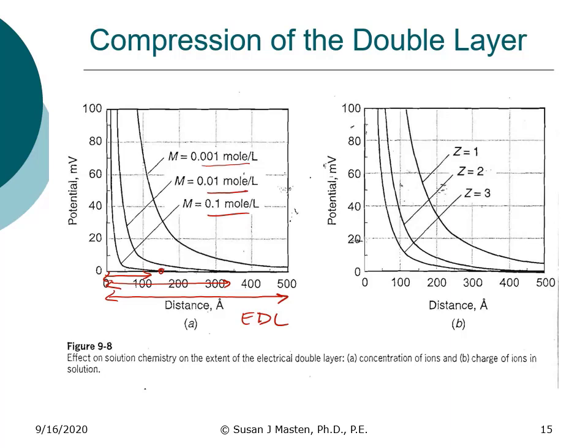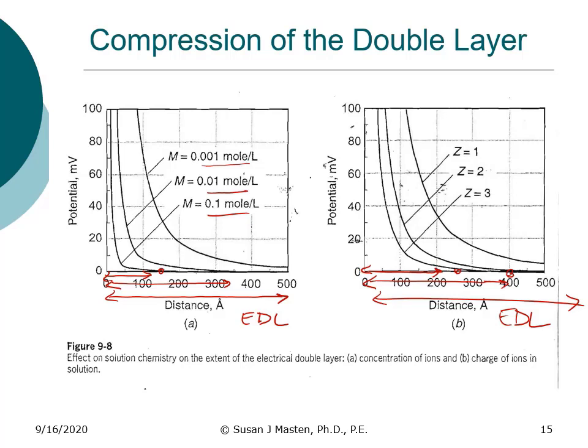And here we look at charge. So you can see if the charge is 1, the thickness of our electric double layer is quite thick. If we increase the charge to 2, so this is the charge of our counterion, then that decreases the electric double layer, and then we can further decrease it by increasing the charge to 3.